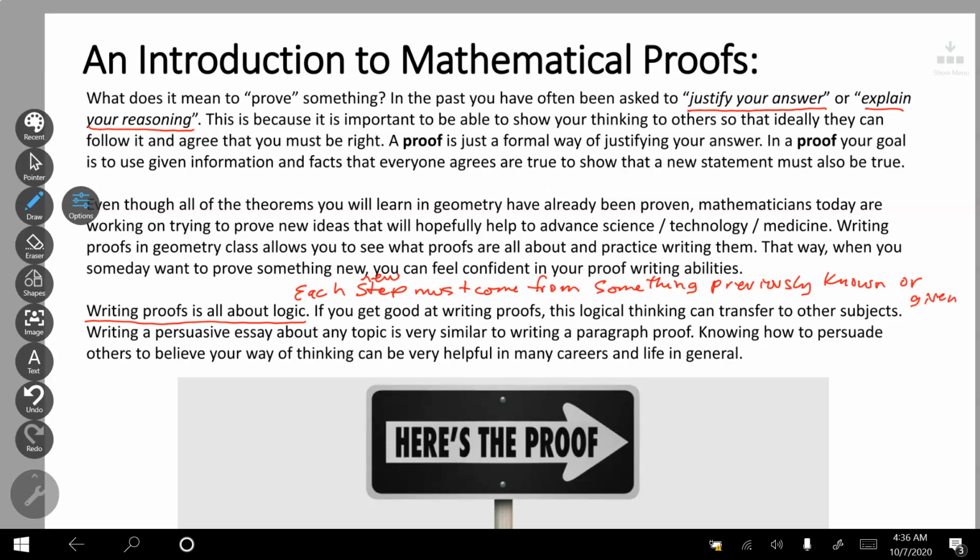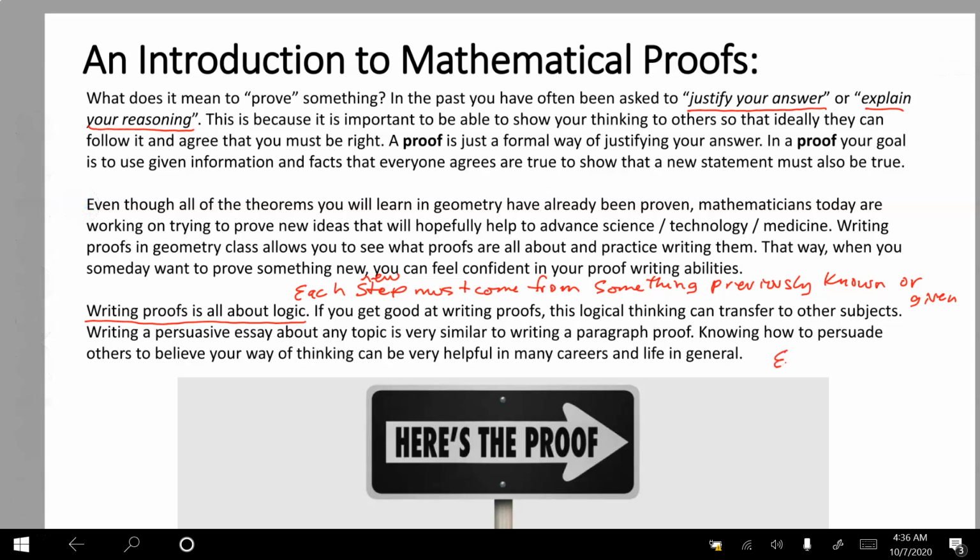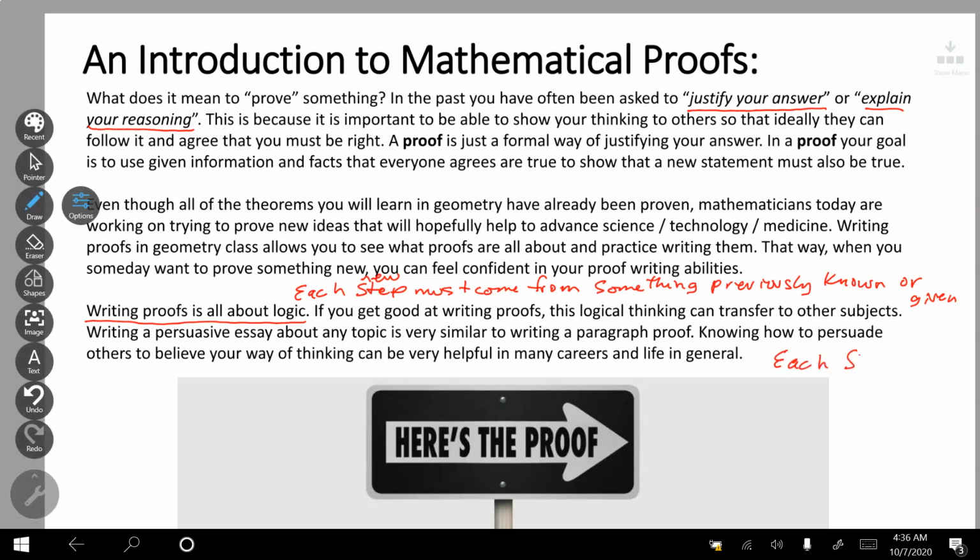It just can't come out of thin air. It's got to be something that we either know, that's been logical deduction, or something that's been given to us. So each step must be logical.